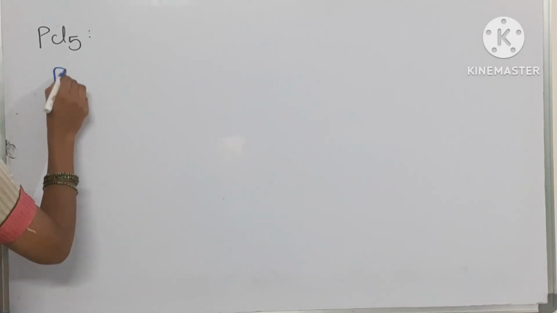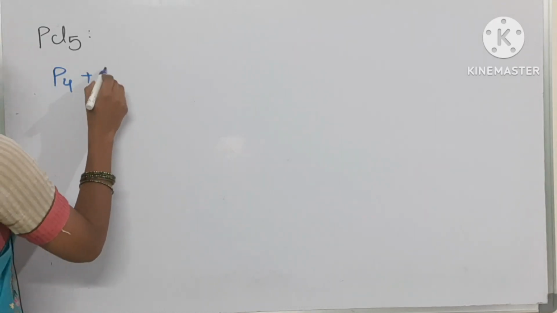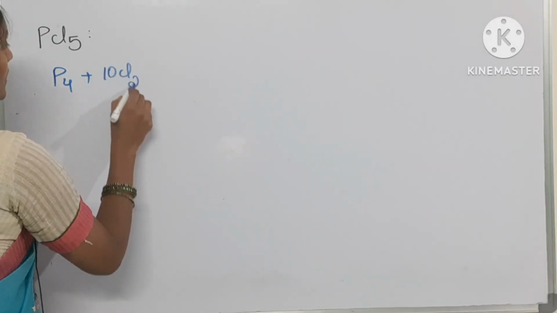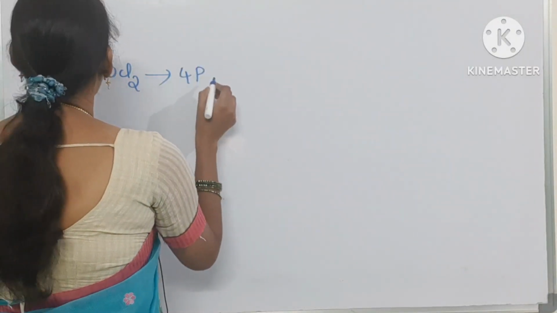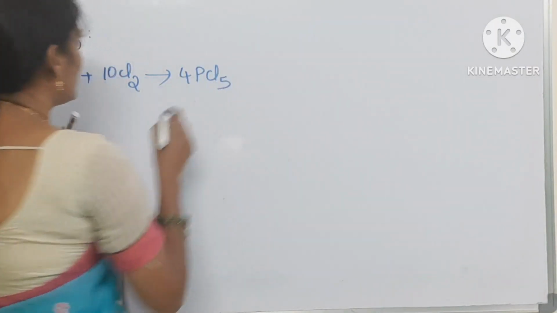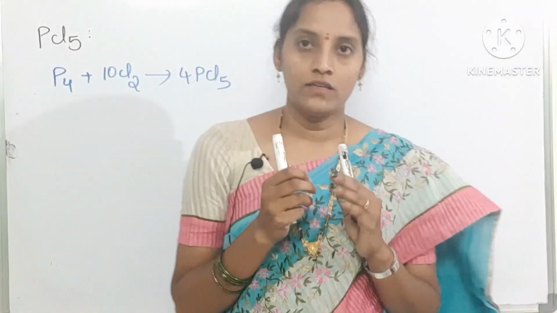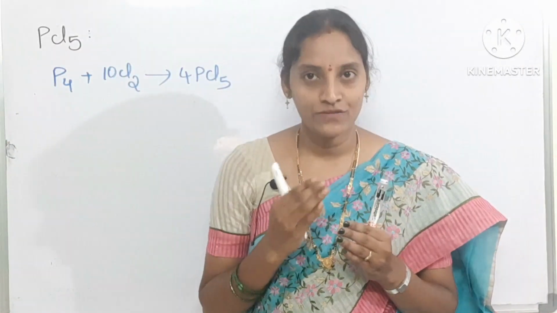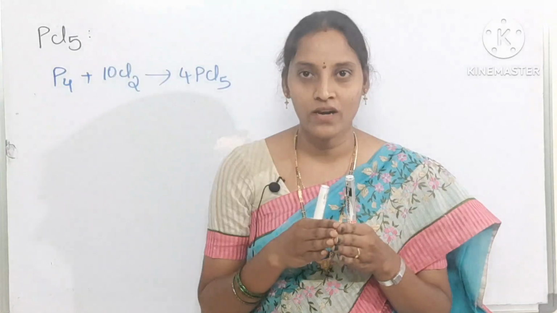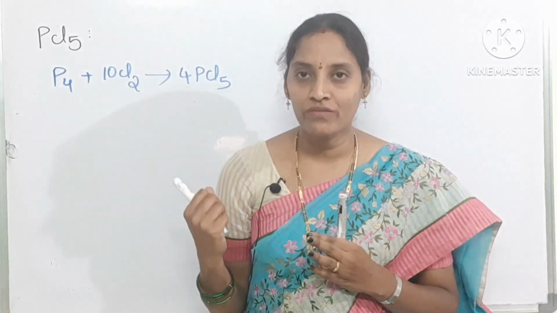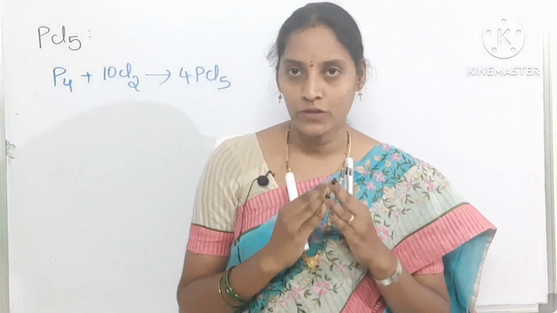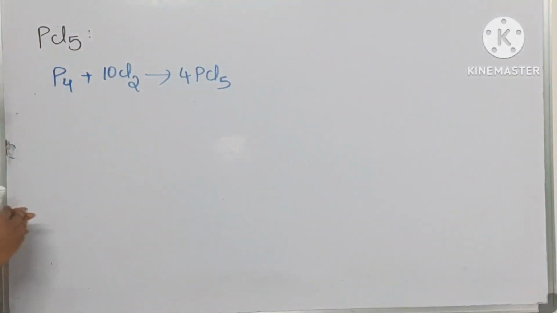You can see preparation methods of phosphorus pentachloride. Here also white phosphorus reacts with excess chlorine gas, then it will give you PCl5. Excess dry chlorine gas passed through the overheated white phosphorus, then we will get PCl5, phosphorus pentachloride.